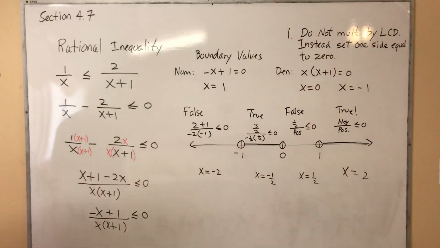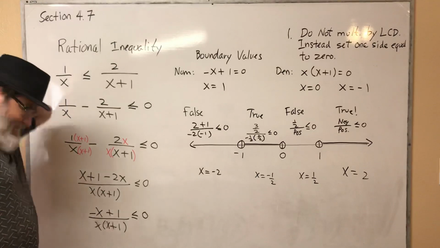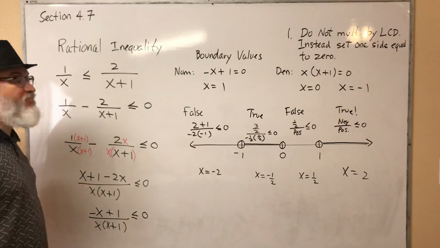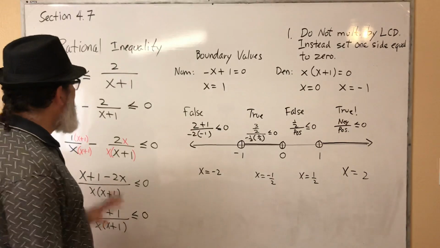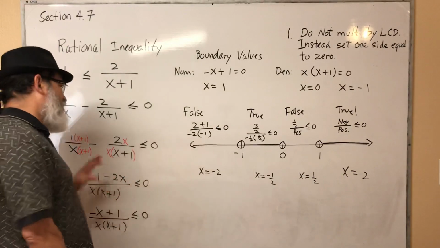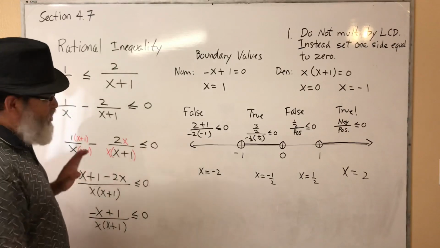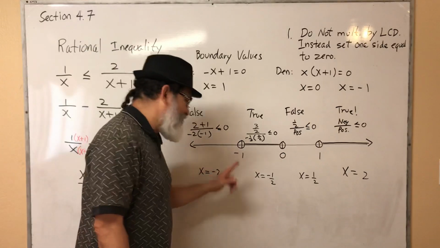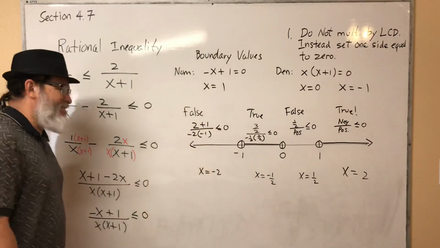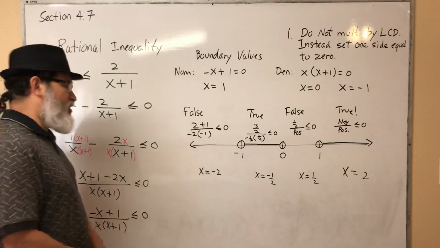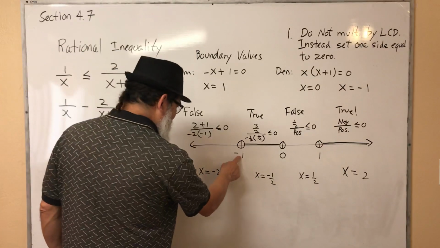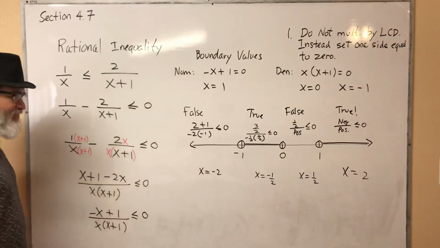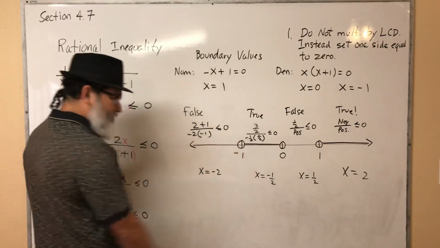Now let's check the boundary values. Listen, guys. For the boundary values, just make sure that the boundary value does not make the denominator 0. So the question is, is negative 1 shaded?